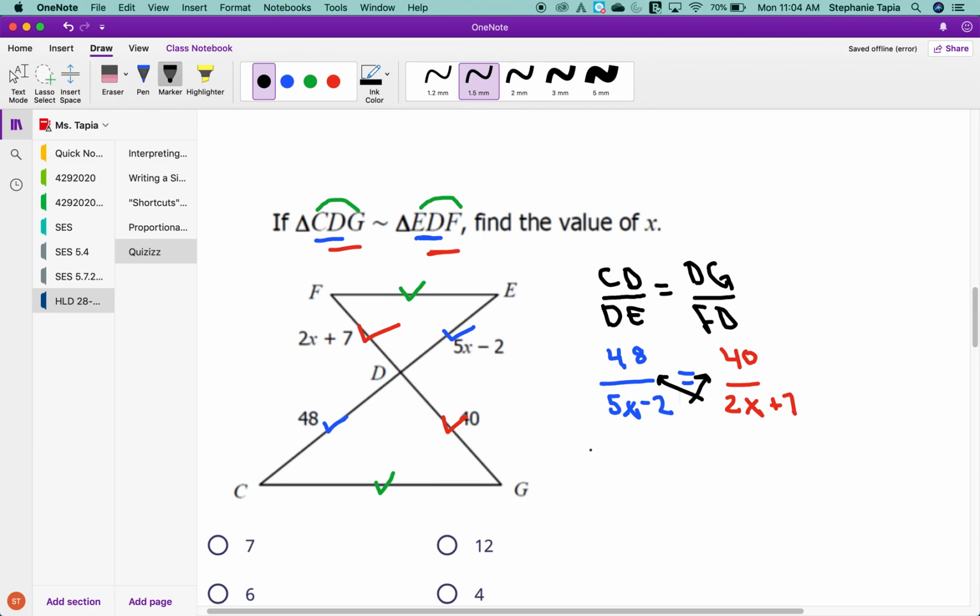So this is going to be 48 times 2x plus 7 is equal to 40 times 5x minus 2.